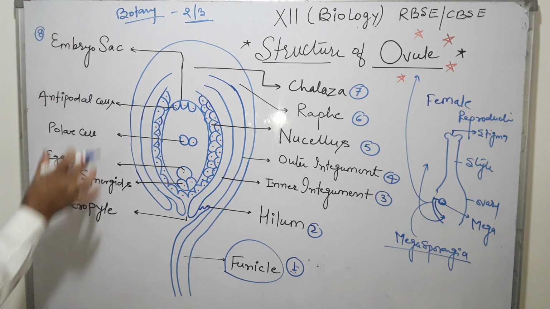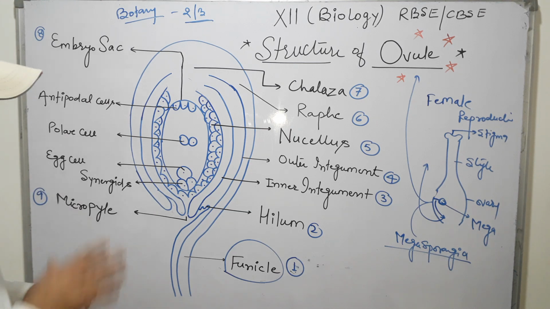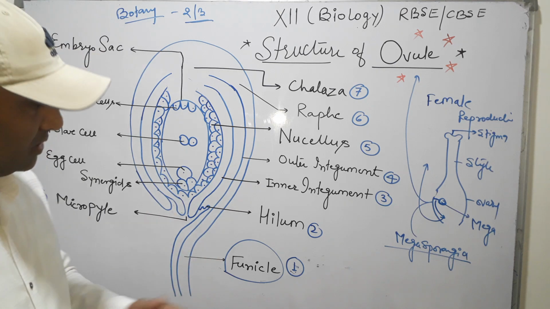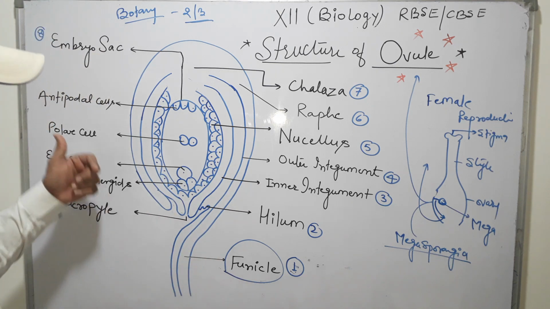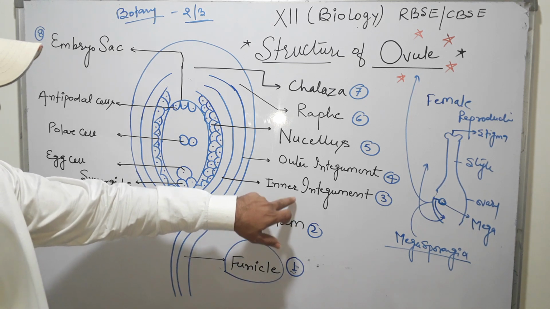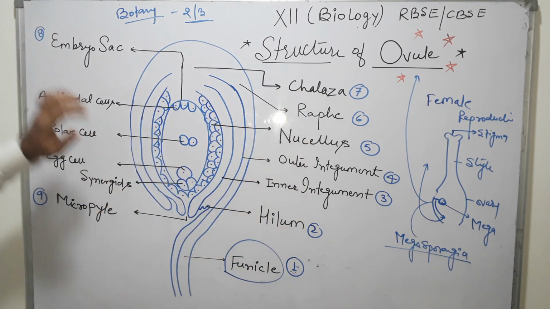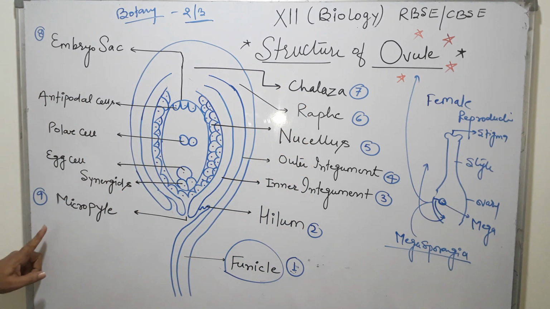These are the subparts of embryo sac. And ninth part is micropyle. So as we start the subjective description, first we write the following names: funicle, hilum, inner integuments, outer integuments, nucellus, raphe, chalaza, embryo sac, then micropyle.